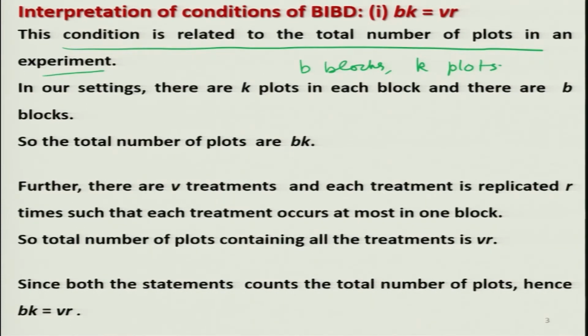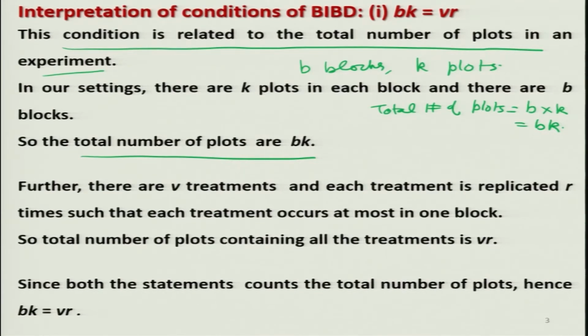So if I ask you a very simple question, what is the total number of plots? There are b blocks and each block has k plots, so this number is going to be bk. So the total number of plots in the setup of BIBD that we are considering is bk.